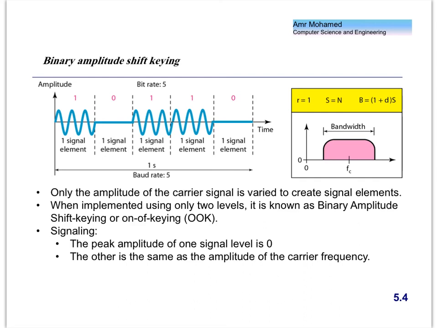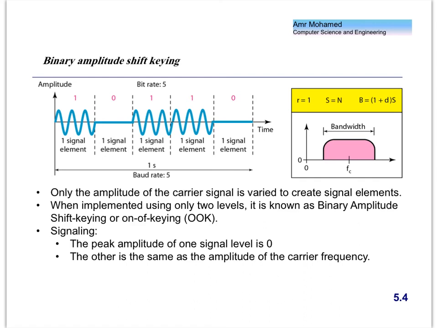So R is 1, and the S in that case is N, the worst case. But the bandwidth is 1 plus D times S, and we'll talk about how this is done. Basically, this scheme maps the 1 into a sine wave with a specific frequency, F1, and it maps the 0 to 0.